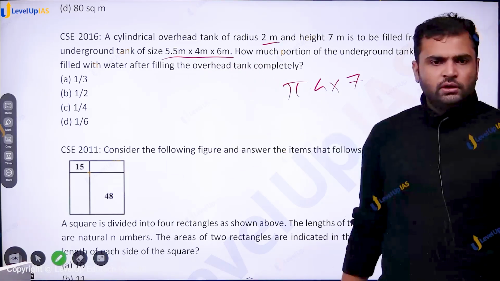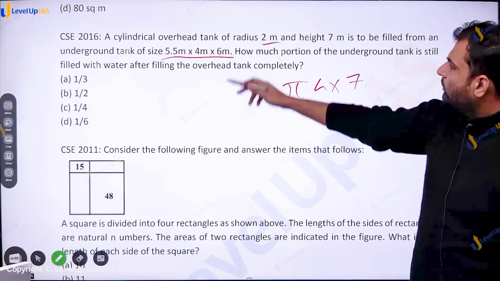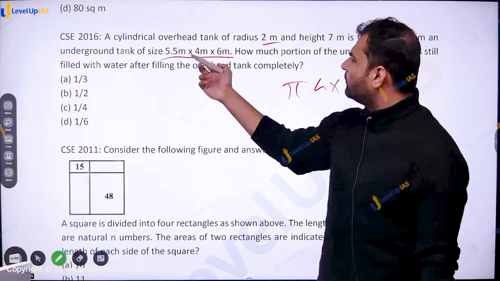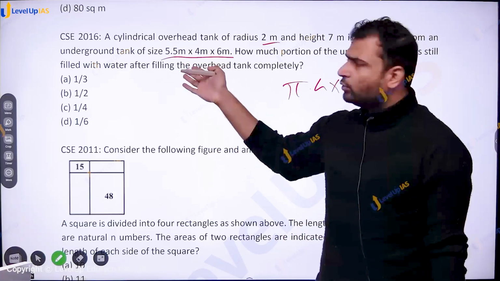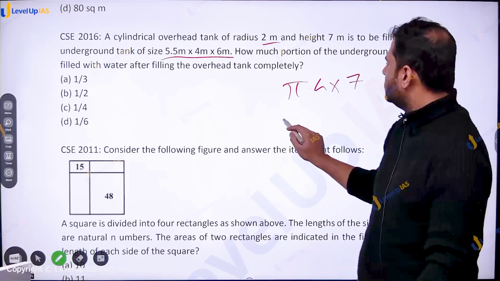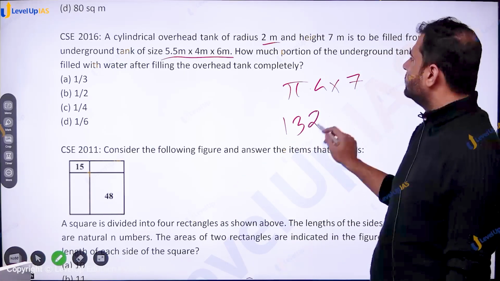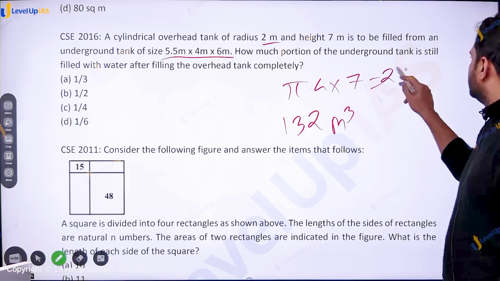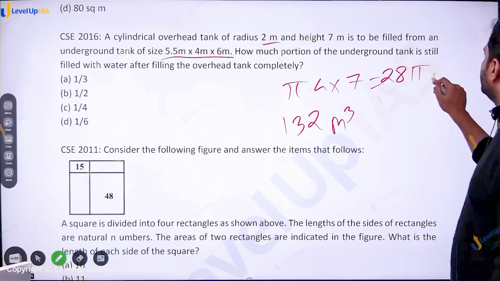And this is 6 into 4, 24 into 5.5. Calculate it, or you can calculate 5.5 into 4. 5.5 into 2 is 11. So 22 6 are. So we have 132 meter cube, and this is 28 pi meter cube.